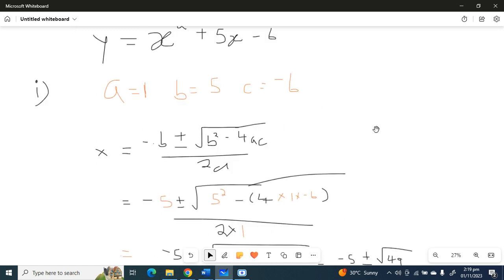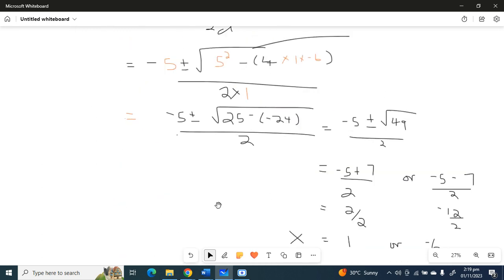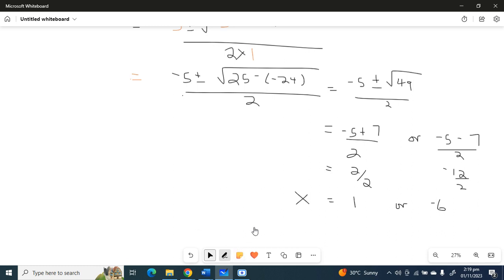So if you substitute 1 into the equation, your y coordinate will be 0, because remember, it's an x-intercept, so your y coordinate is always going to be 0. Negative 6, if you substitute it into the original quadratic equation, you are also going to get 0. So these are the coordinates for the x-intercepts.